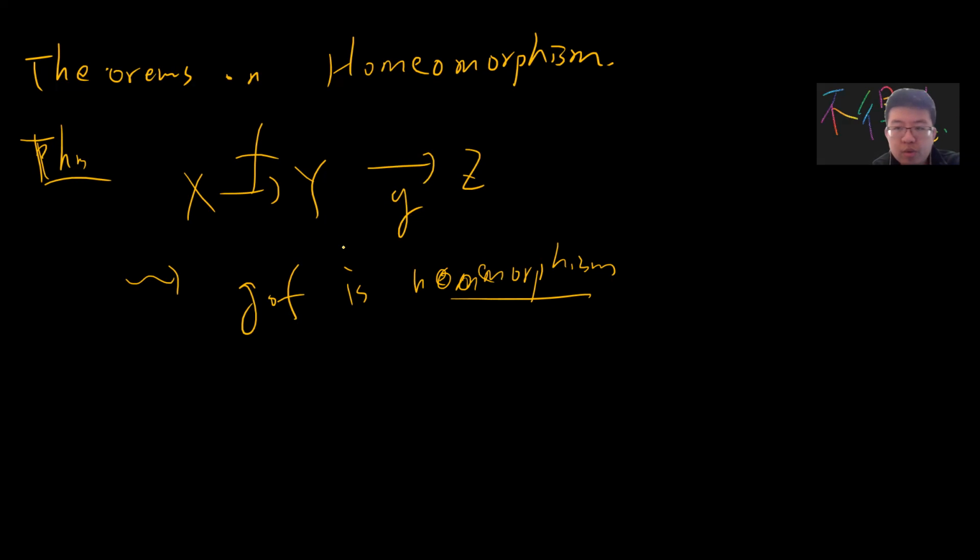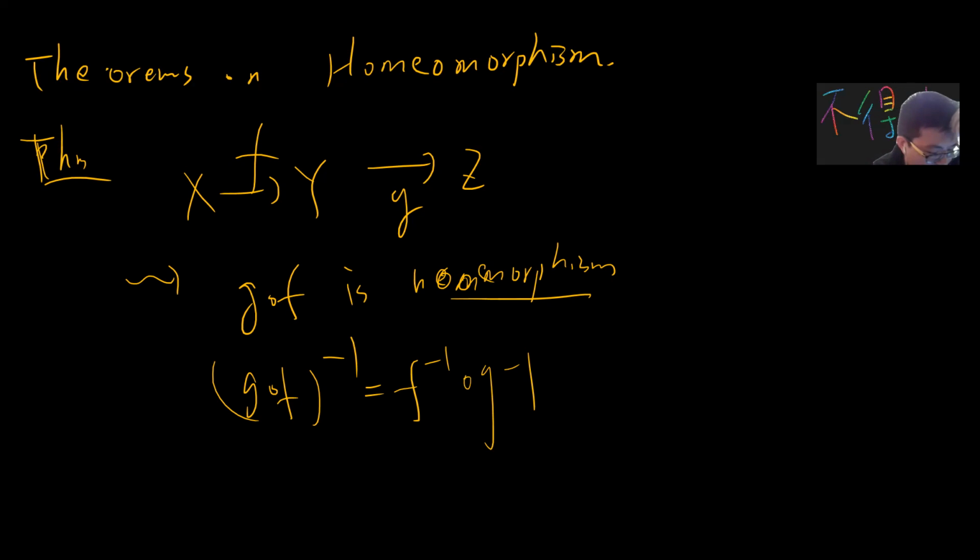So g circle f is also one-to-one onto, and f is continuous, g is continuous, so the composition is continuous. And the inverse of g circle f will be f inverse g inverse, so both will be continuous because f inverse and g inverse are continuous, so their composition must be continuous. Okay, you can check the rest.